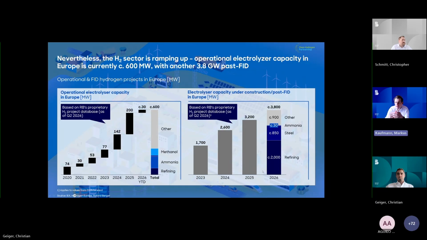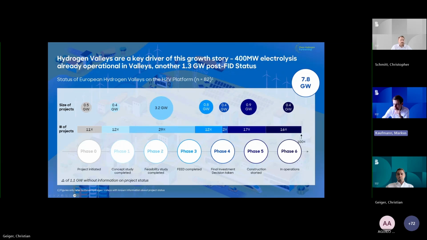Now, looking lastly, before we turn to the offtake side in a more narrow sense, at the hydrogen valleys that we work with in the facility and on the platform. We have taken the sample of all the European valleys that we feature now on h2v.eu. That's 82 projects in total, or if they were all built to the full extent, around 8 gigawatts.